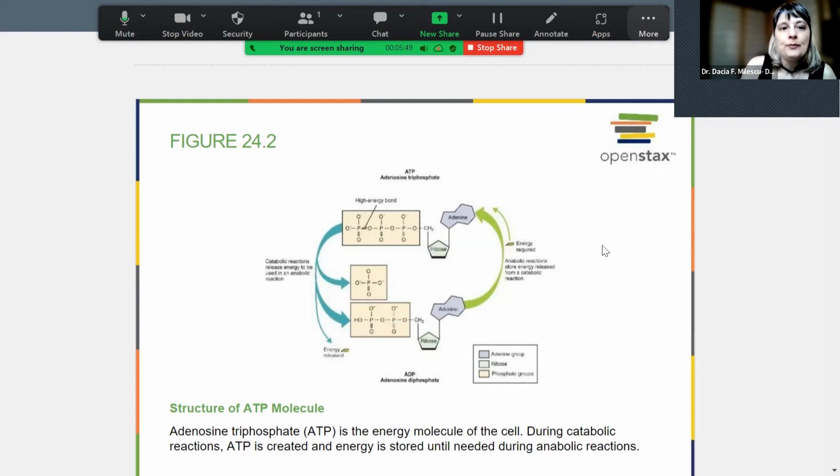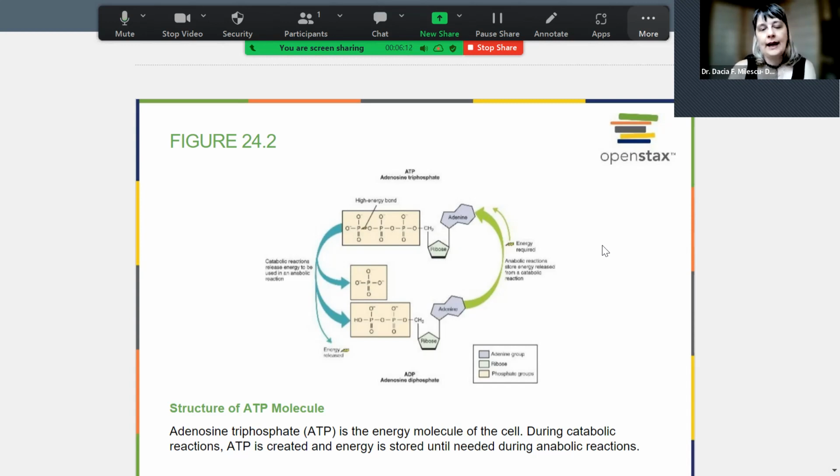For example, the cell needs to build something, from protein synthesis to any kind of cellular reaction. ATP is required. With active transport, moving against the concentration gradient, we're going to need some energy, so the cell is going to use that ATP.